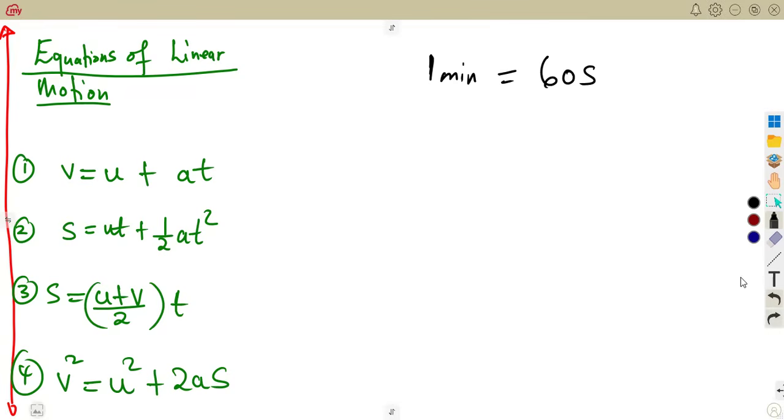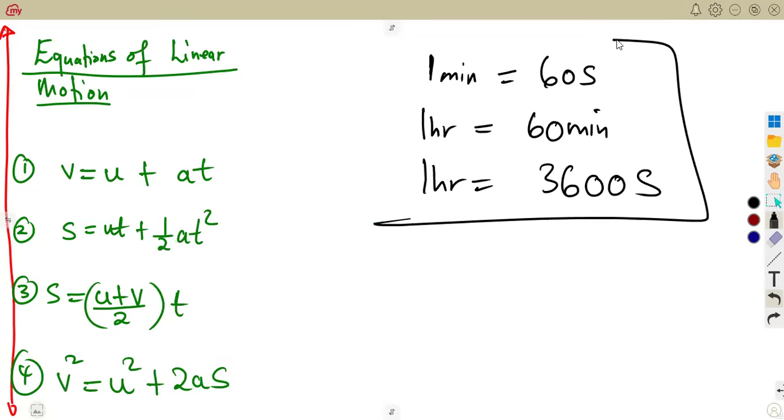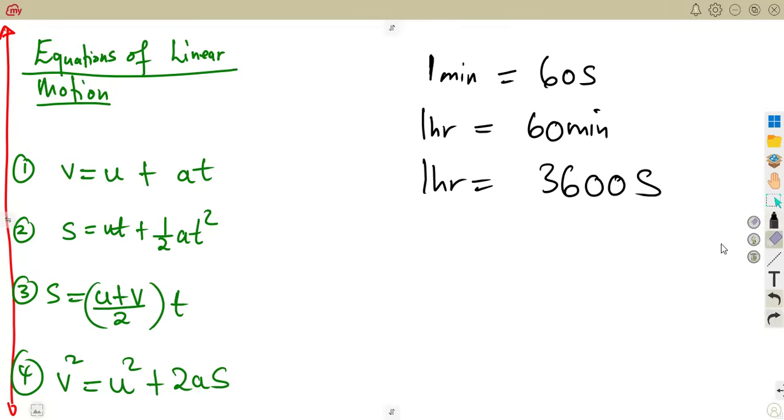You were given it as a basic unit whenever you are dealing with time: a minute compared to seconds, hours compared to minutes, the hour compared to the seconds, 3,600 seconds. It is a basic thing that you were given. That is the condition of conversions.